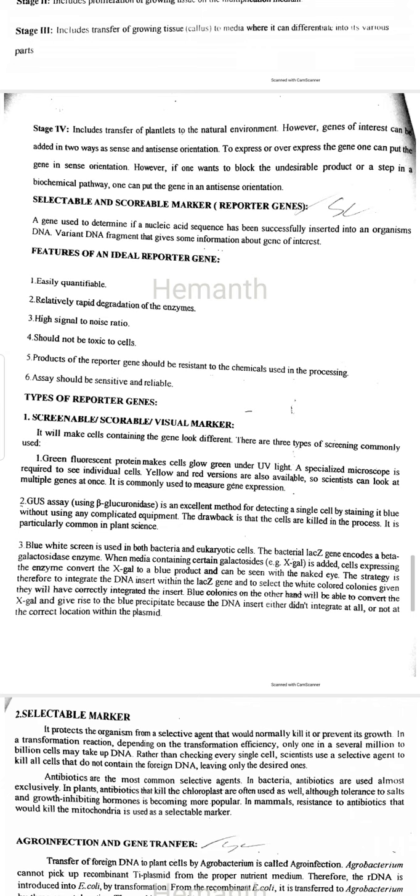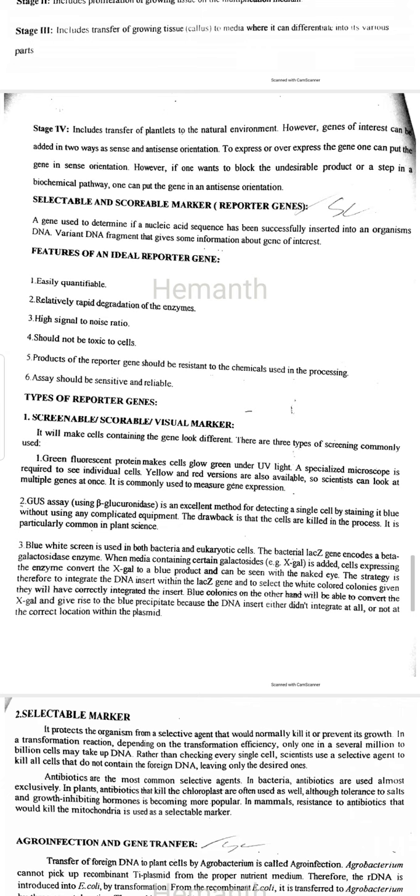Features of an ideal reporter gene: it is easily quantifiable, with relatively rapid degradation of the enzymes and a high signal to noise ratio, and it should not be toxic to cells.